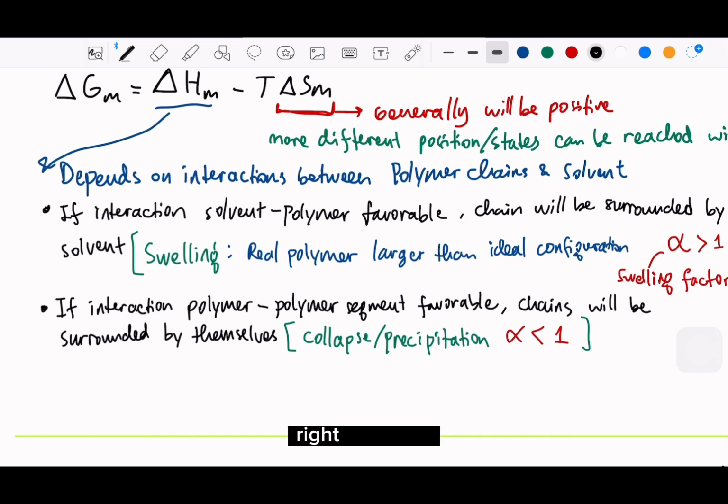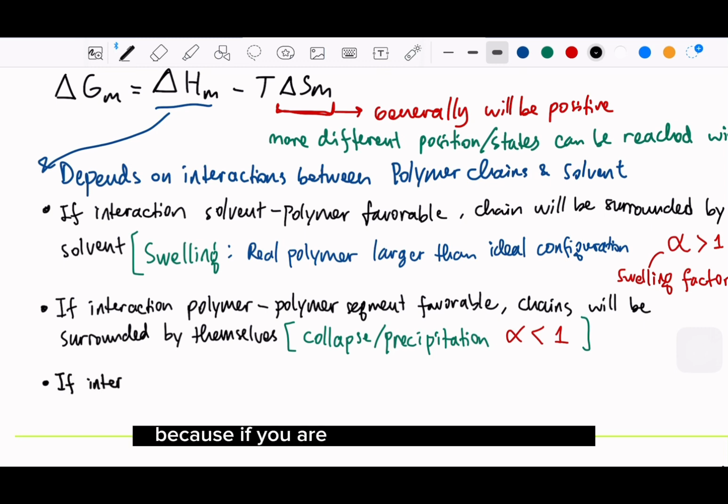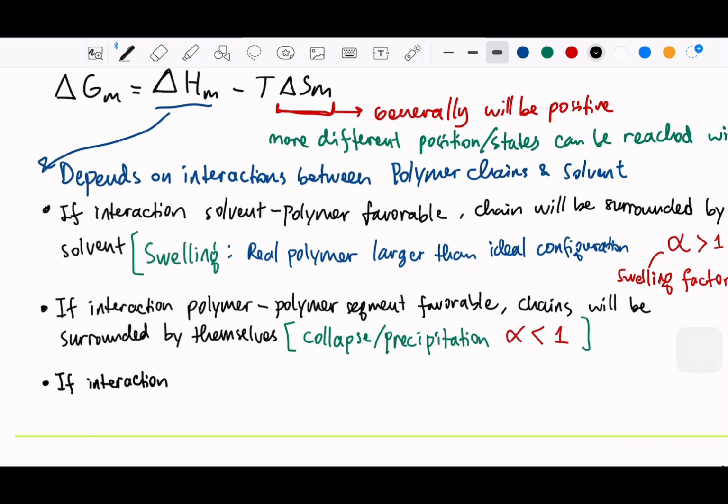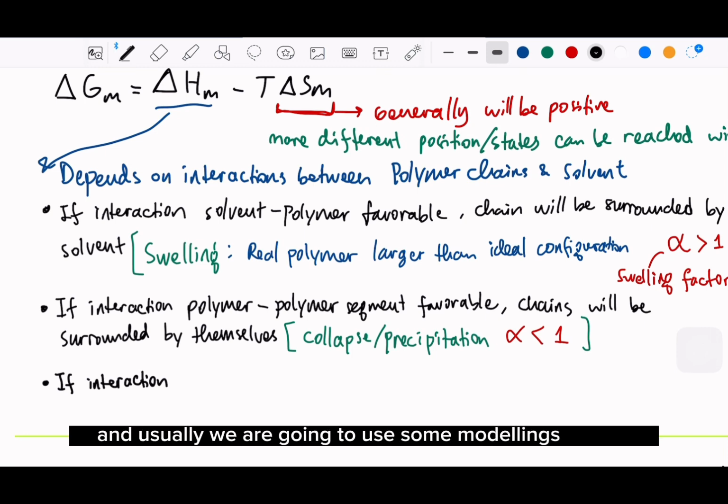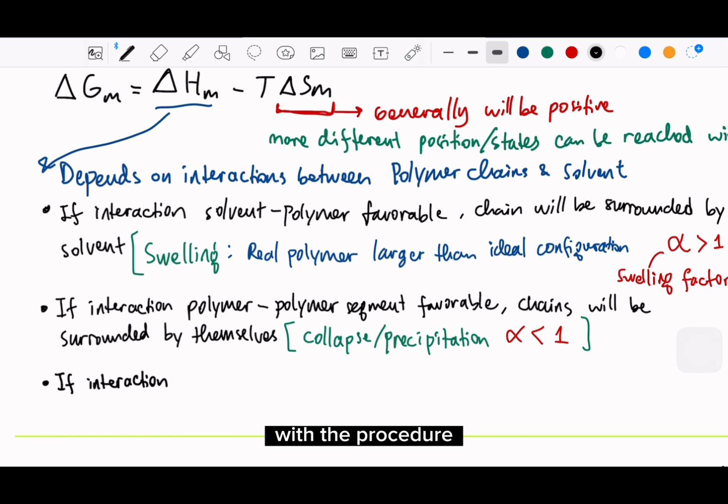Let me write here. Because if you later do some experiment and study polymer, you will likely read some parts of your books or some guidance when you use equipments. There will be some mentioning about theta conditions. And usually we are going to use some modelings to help with the procedure.